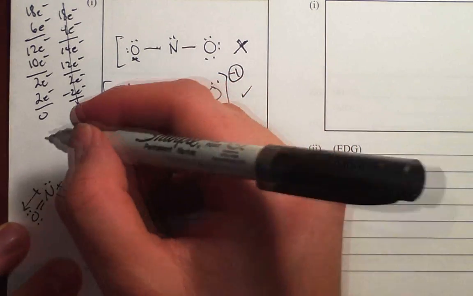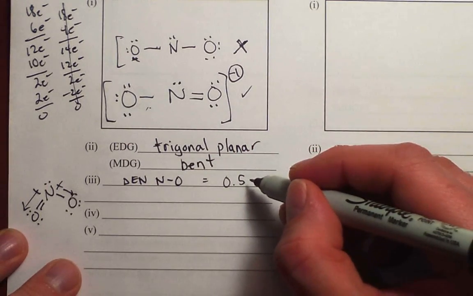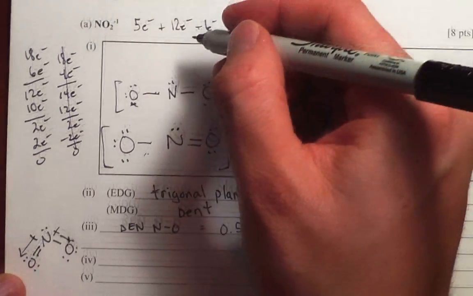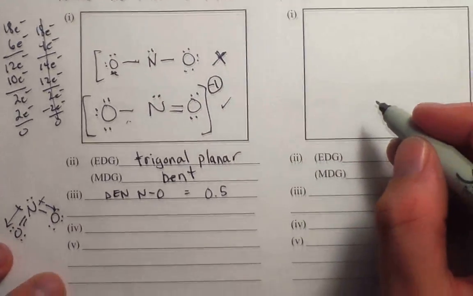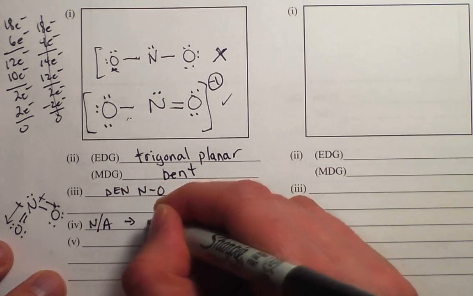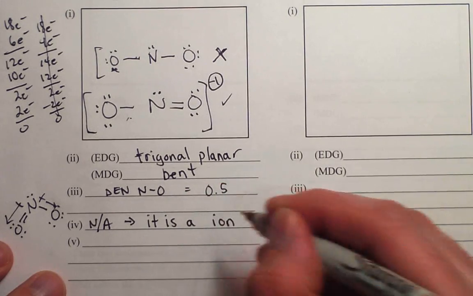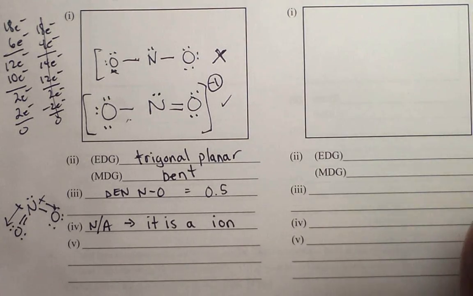So even though we can start talking about how close this is to a polar bond, in this particular example, because the molecule itself is an ion, I'm going to write that this is not applicable. It is an ion. So this means that the whole molecule is negatively charged.